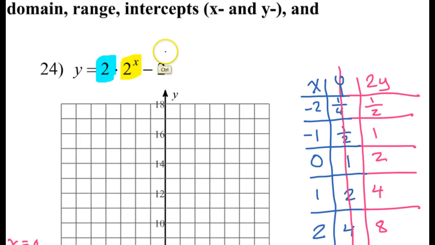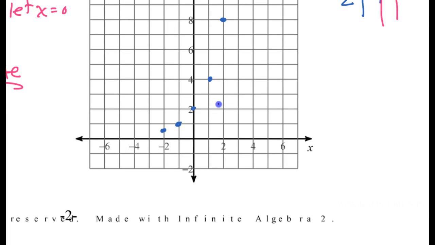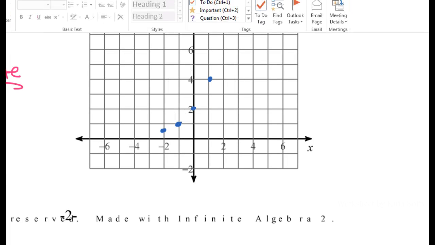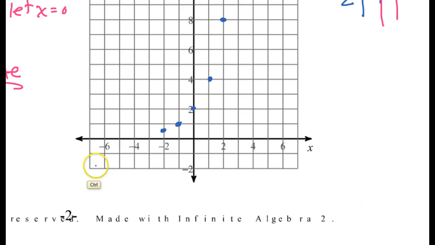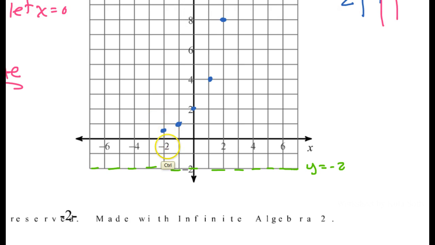Okay, so because of this -2, I'm going to move all of the 5 points down by 2. And by the way, that will affect the horizontal asymptote as well. So you should sketch your new horizontal asymptote at y equals -2. All right, and that will help guide you as you graph the rest of these points.